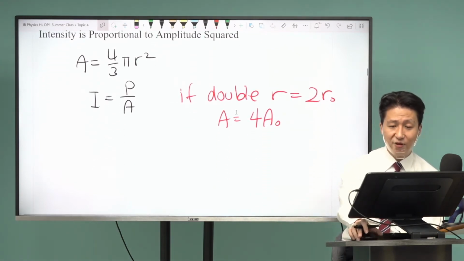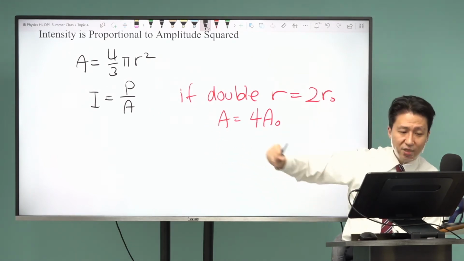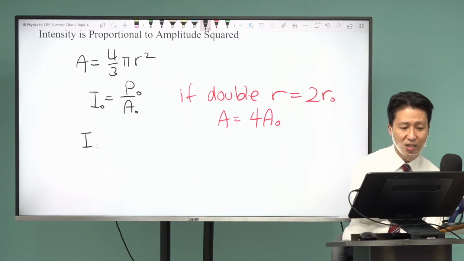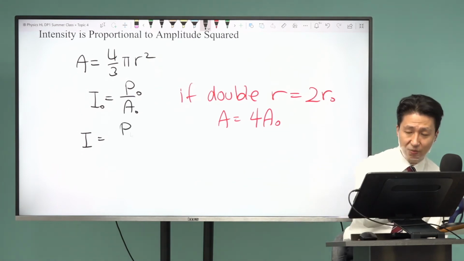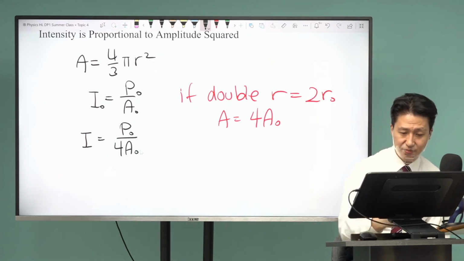And that means, let's put these numbers inside, we're going to find the new intensity. So I'm going to write these in terms of the initial ones, and I'll write a new equation for the new intensity. The power stays the same source. But the area is 4 times as big.